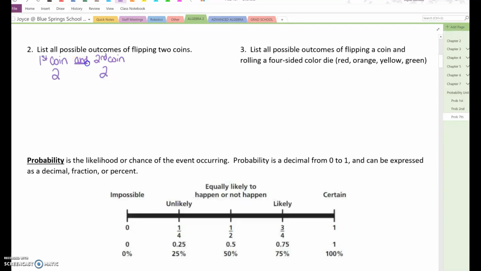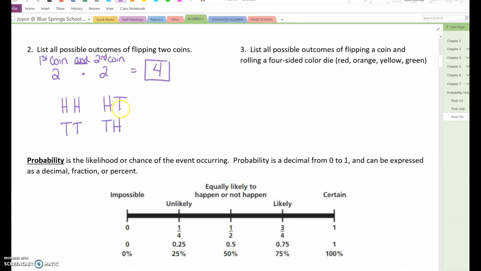And the word and means that we multiply. 2 times 2 means that there are 4 possible outcomes. Now let's list those outcomes. We can flip heads, heads, or heads, tails. What other outcomes are there? Tails, tails, and tails, heads.